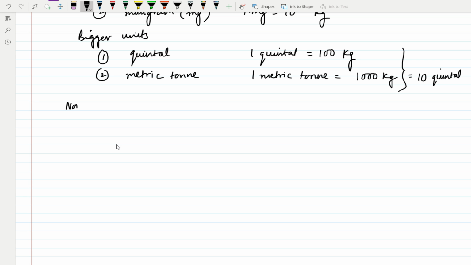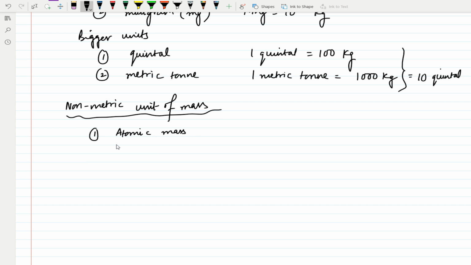So the non-metric unit of mass. You have the first one as atomic mass unit. It is also known as the unified atomic mass unit. Now it is denoted by amu, and 1 amu is equal to 1.66 into 10 to the power minus 27 kg.